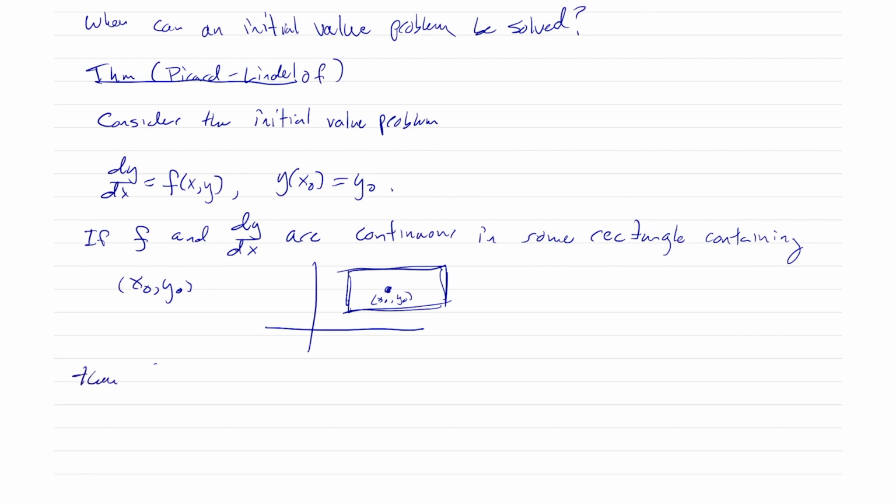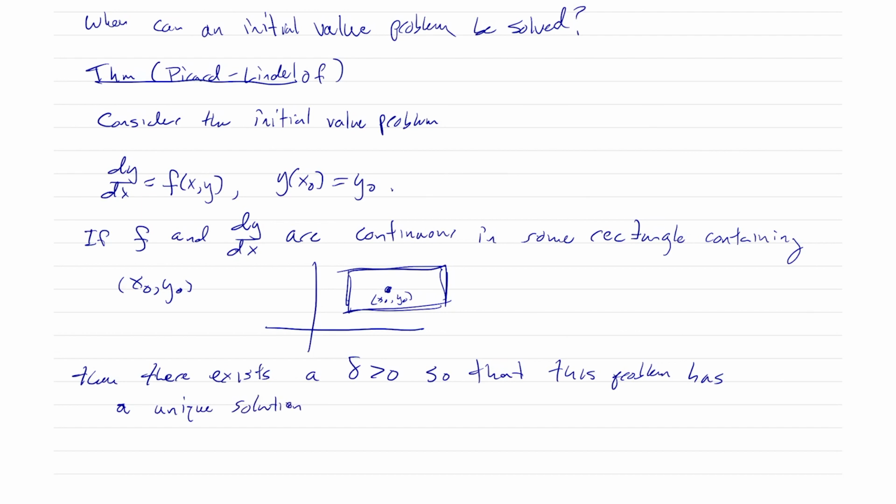Then there exists a delta greater than 0 so that this problem has a unique solution over x naught minus delta to x naught plus delta.